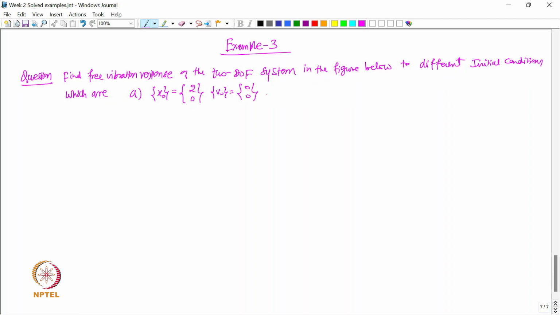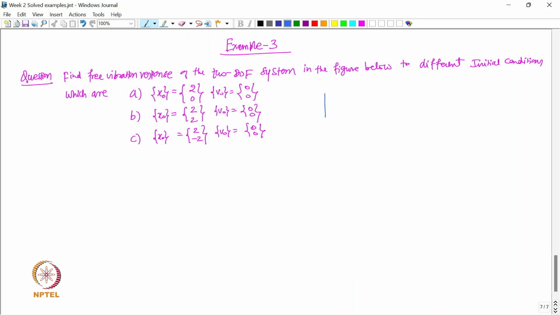Then we have part b, where x naught is now 2 2 and v naught is again 0, and then we have part C, we have 2 minus 2 and v naught is equal to 0 0, right. And what is the system?